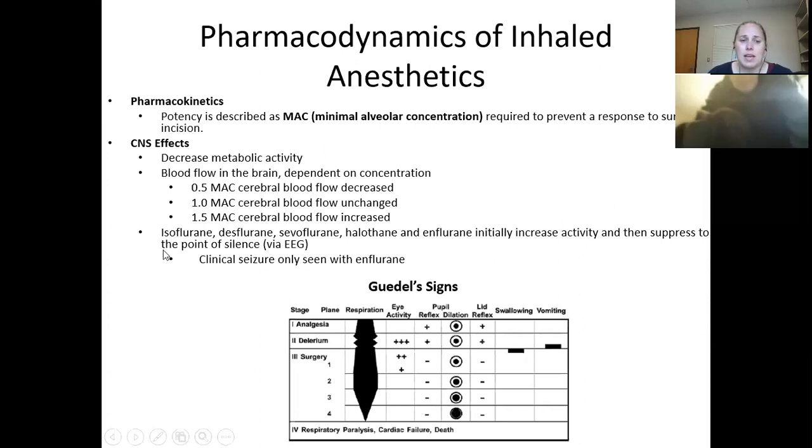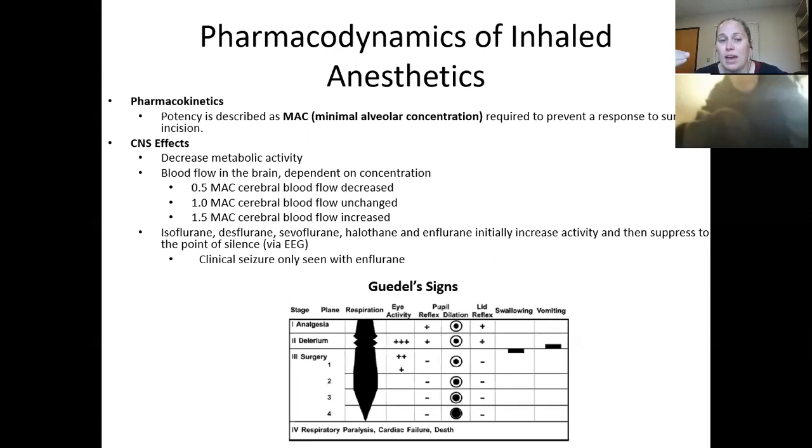When we talk about CNS effects, not surprisingly, anesthetics are going to decrease the metabolic rate of the central nervous system, and that's a function of its relationship with cerebral blood flow. If we're looking at those MAC levels, again, MAC is the concentration that would otherwise cause some type of response to an incision.